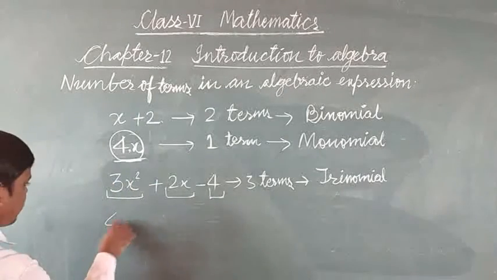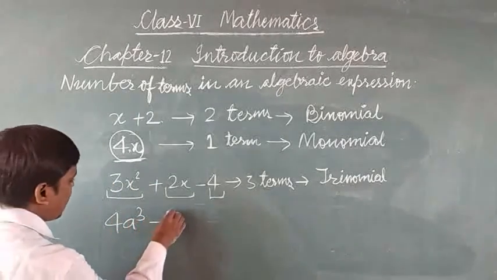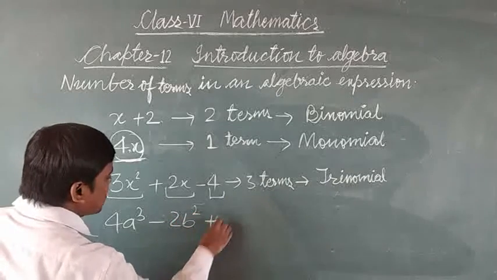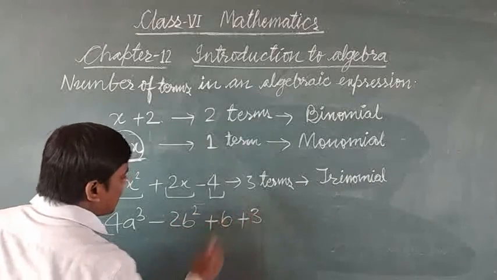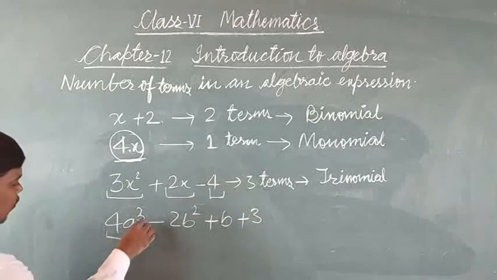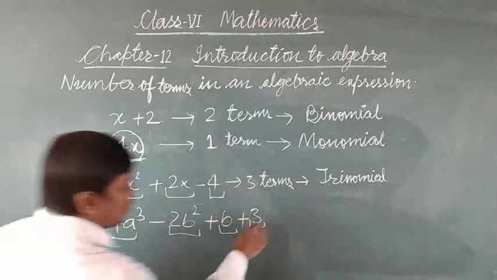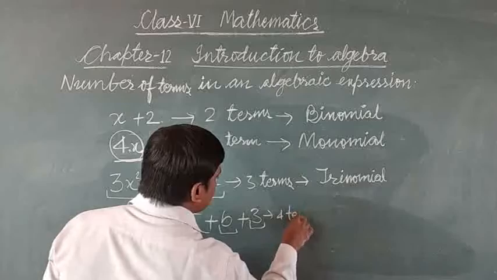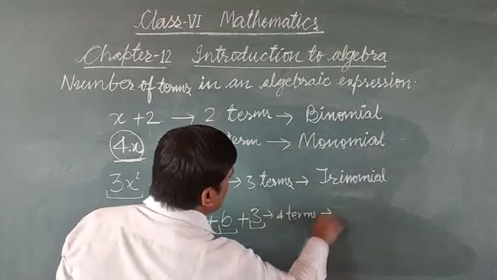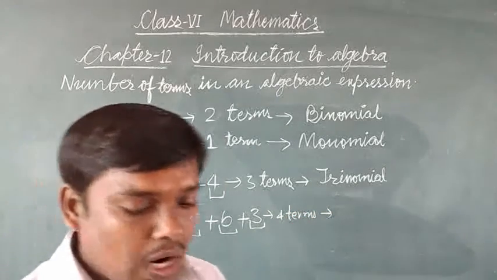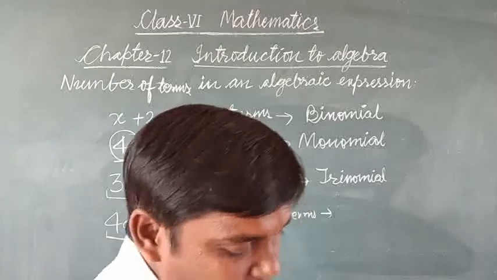See one more: 4a cube minus 2b square plus b plus 3. In this case we have 4 terms, 1, 2, 3 and 4. So what is the name of this? Quadrinomial.